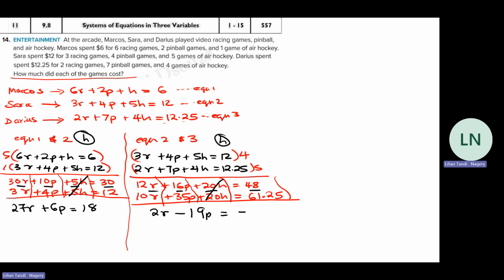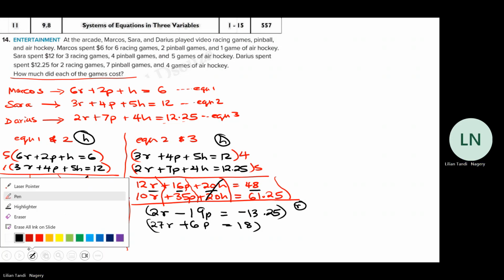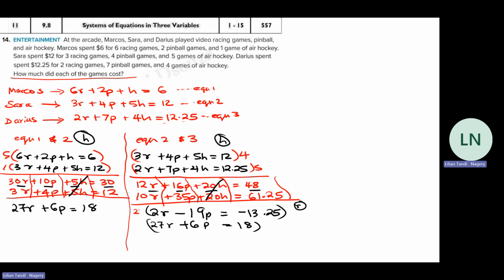And this should give me negative 13 and 25 hundredths. Now, I will eliminate R. So now I want to eliminate R. I will bring this equation here. 27R plus 6P equals 18. Okay. Because I want to eliminate R, this will be 27. This will be 2.